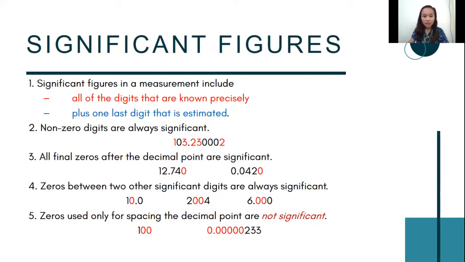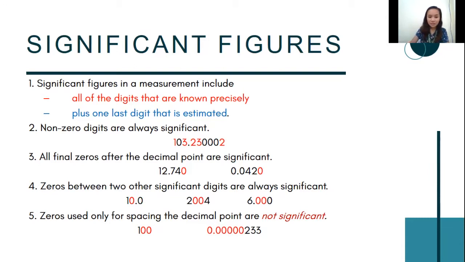For the fourth rule, zeros between 2 other significant digits are always significant. Now, if your zero is in between 2 non-zero digits, this is considered as significant. So the zeros here now are significant, including this one, since it has a final zero after the decimal point.